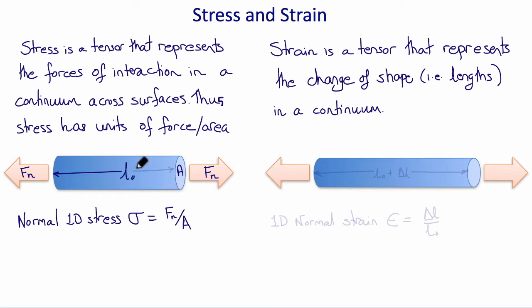So if our sample had an original length of L0 and as a result of the application of the forces stretched to a new length L0 plus delta L, then the 1D normal strain in this tensile example, epsilon, equals delta L over L0.